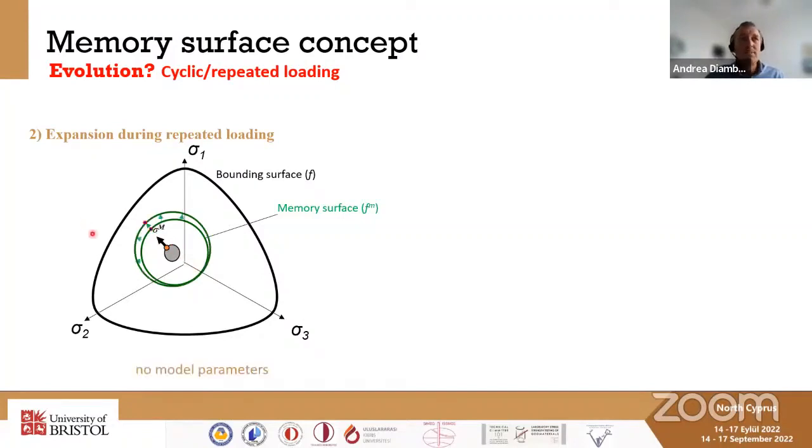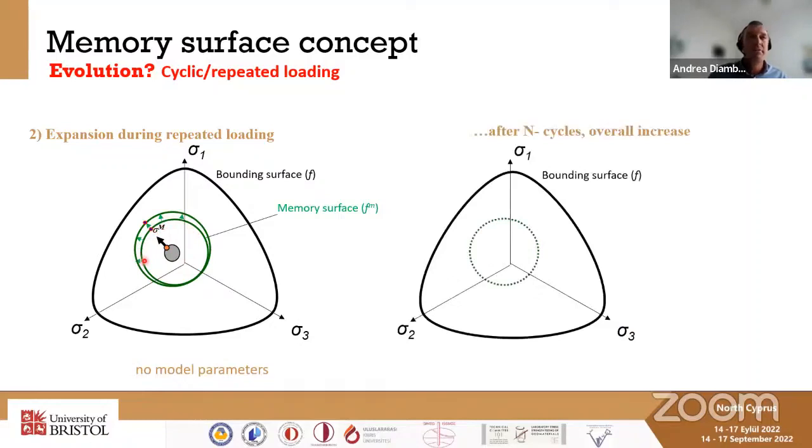So we need the memory surface to get bigger. This is similar to when you travel to the same place a few times. The more times you travel, the better you know the way, the faster you are. And every time you reach a destination, you look a little bit further out, so you know better what's happening around. If you do your cycles quite a few times, your memory surface becomes larger, so the more you cycle, the stiffer the soil is.